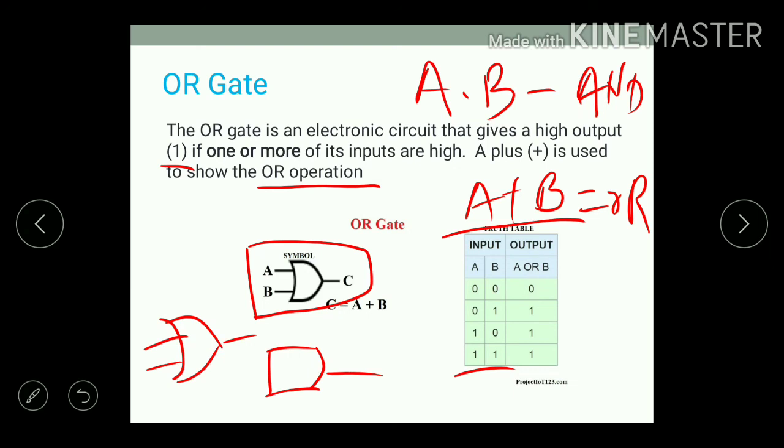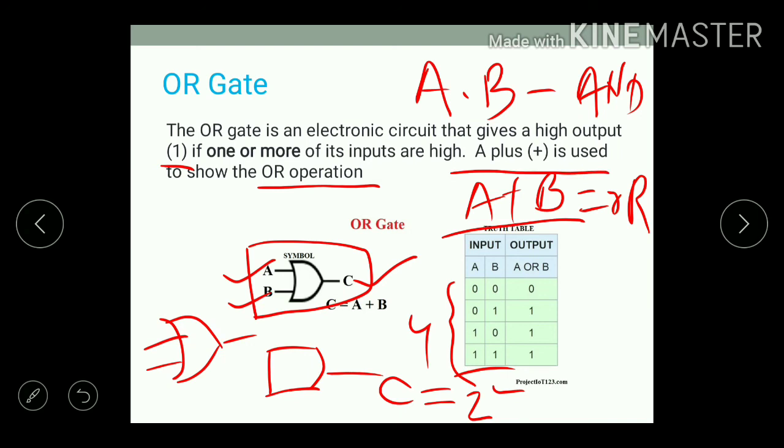Here also there are two variables, A and B, so the total combination is C equal to 2 to the power 2, that is 4: 0 0, 0 1, 1 0 and 1 1.